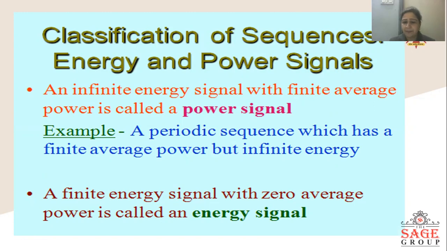An example of a power signal is a periodic sequence, which always has finite average power but infinite energy. Whereas an energy signal is a signal which has finite energy but zero average power. The most common example is the non-periodic sequence. Non-periodic sequences are always energy signals because they have finite energy but zero average power.